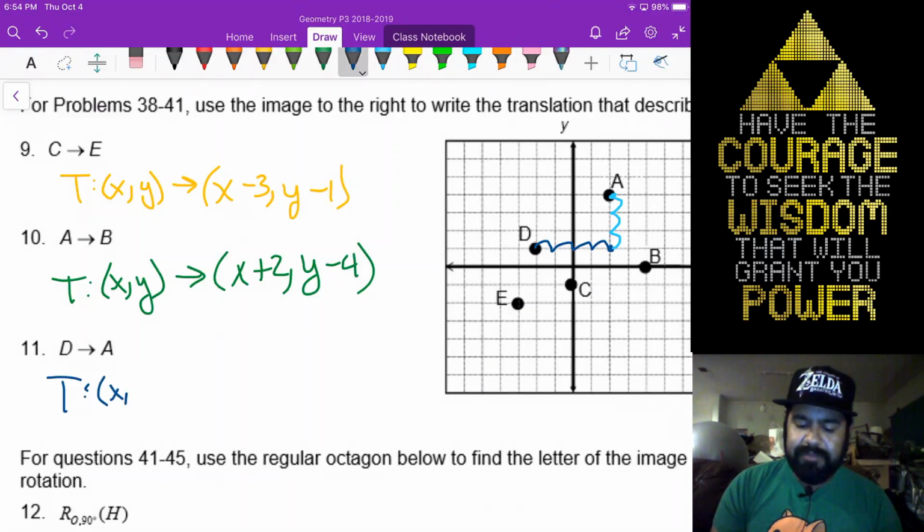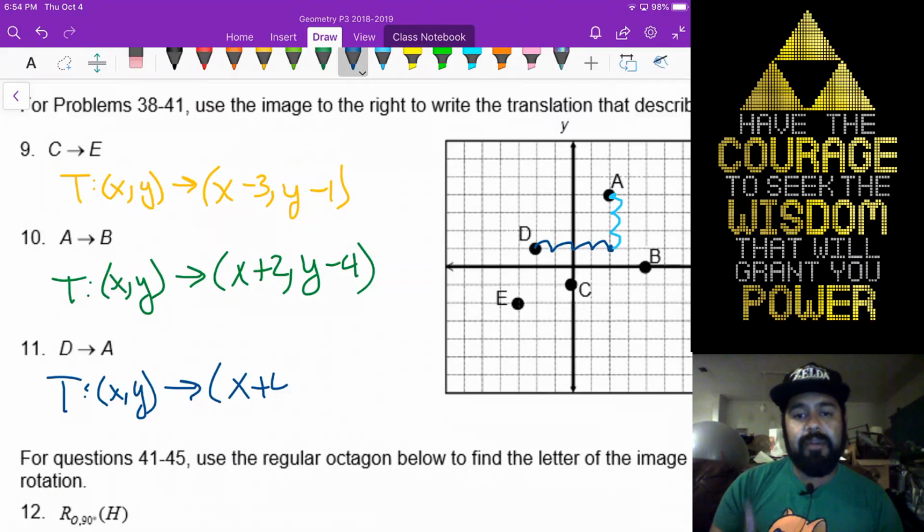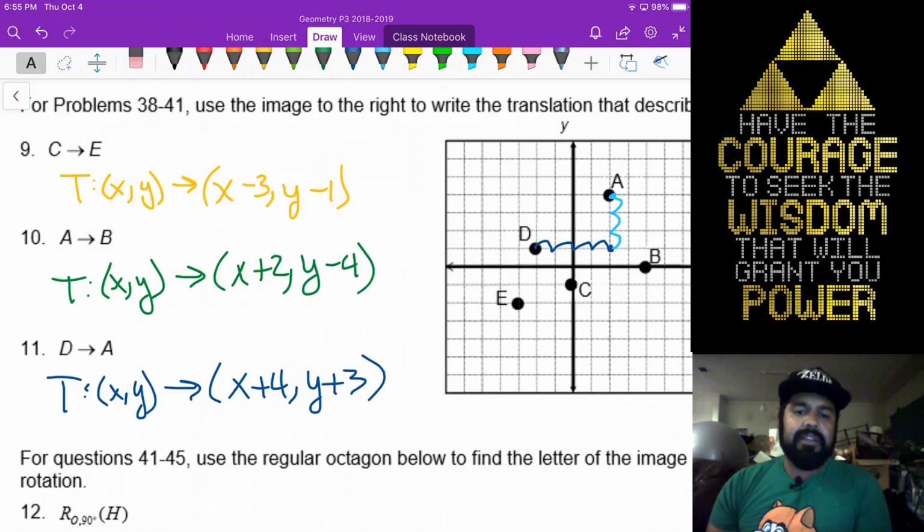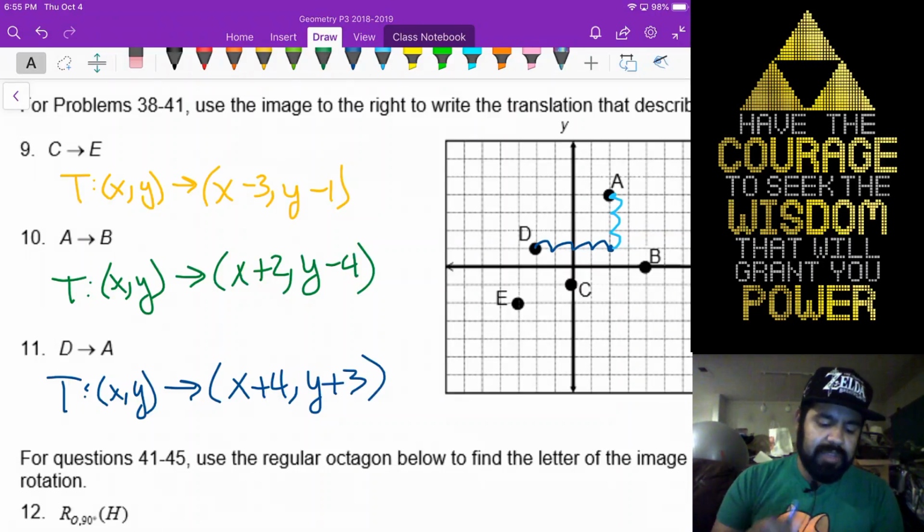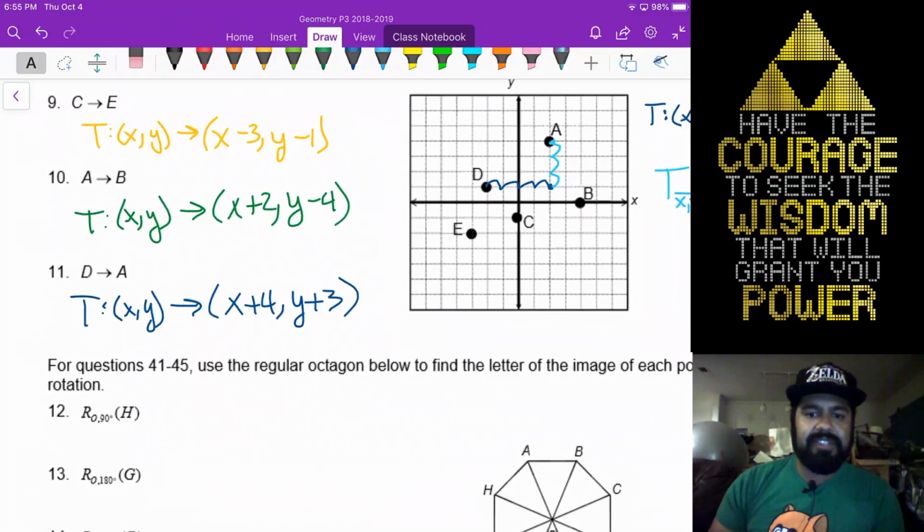We're going to be saying x plus 4, comma, but now we're going up, so that means that's going to be our y plus 3. All right, so now we've done all the translation rules.